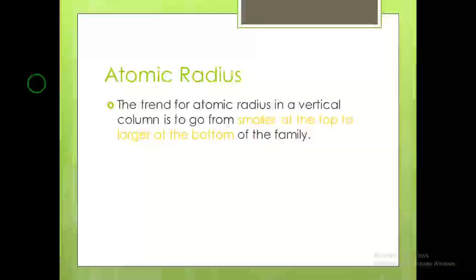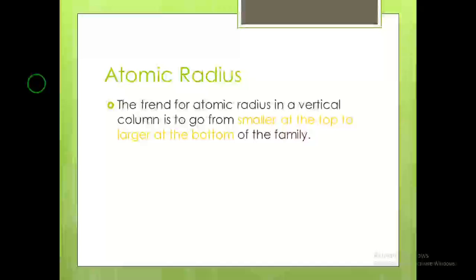Now the atomic radius from elements in a group, or what we call the vertical column, goes from the smallest at the top of the periodic table to the biggest at the bottom of the periodic table.